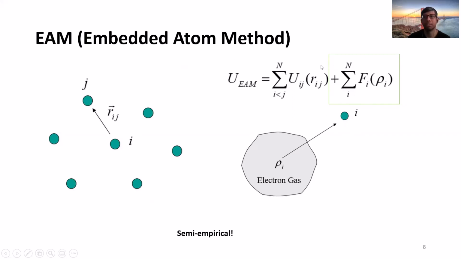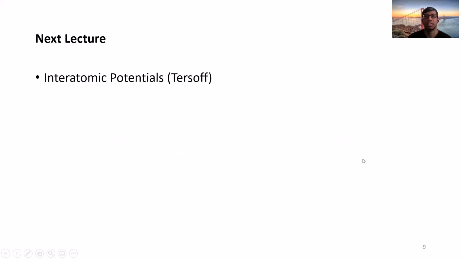So there are experimental and calculated terms included in your definition, and that's why it's a semi-empirical method. So now you have been introduced to a semi-empirical interatomic potential. In the next lecture, we will see another popular interatomic potential, the Tersoff potential. Thanks.